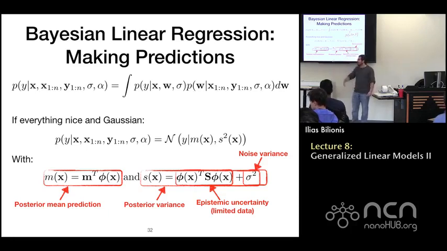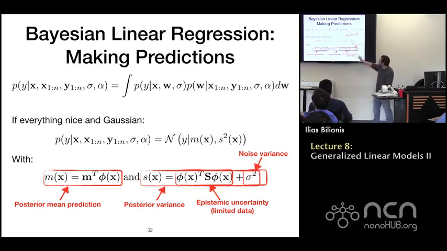Now I'm taking this information and propagating it through the measurement process to say something about what I'm going to measure if my parameters are like that. You see the uncertainty of the parameters going through the measurement process and being put together so that you can come up with a distribution for what you will measure. But again, the take-home message is that your prediction will contain two sources of uncertainty, noise and this thing which is epistemic. Yes? What's little s squared?